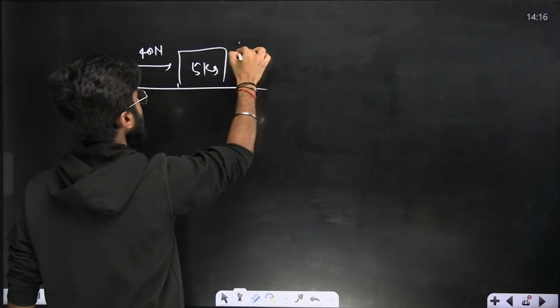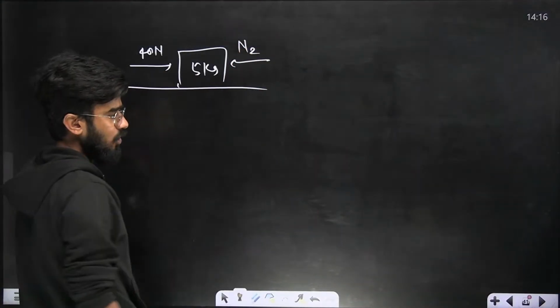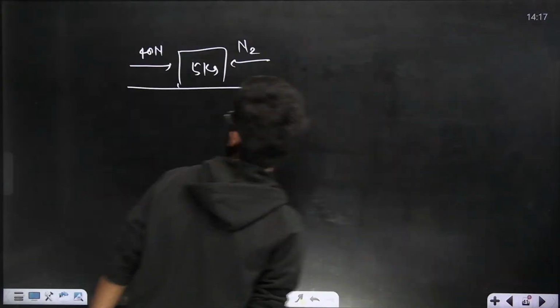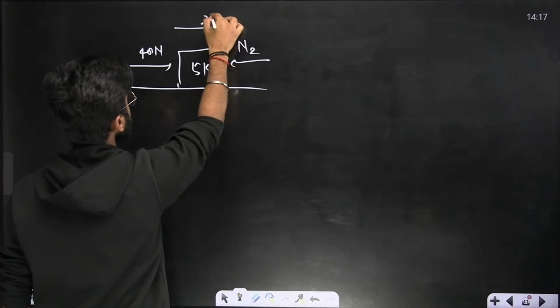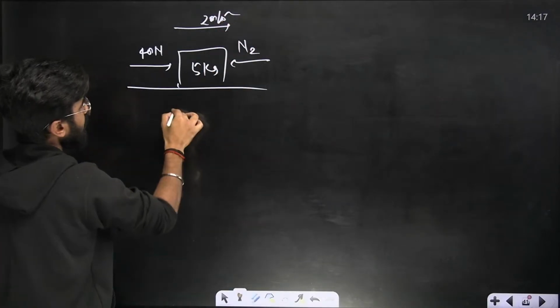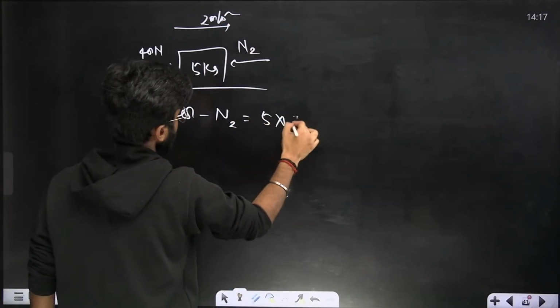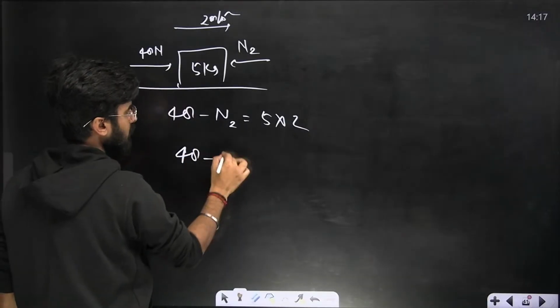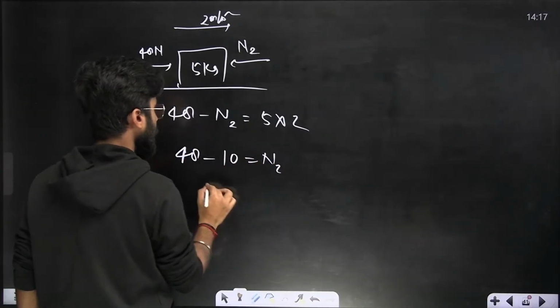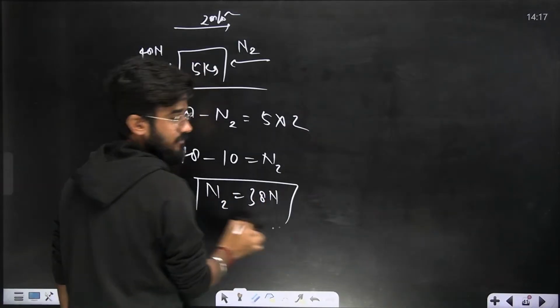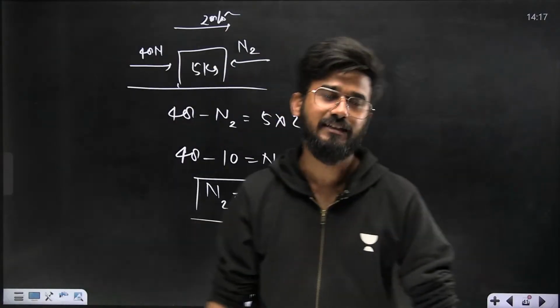Suppose this is N2. The acceleration is 2 meters per second square. So write the equation: 48 minus N2 is equal to mass into acceleration, which means 48 minus 5 times 2, that is 10, equals N2, so N2 is equal to 38 Newton. Got it? 38 Newton.